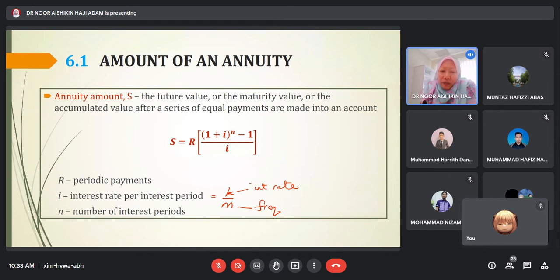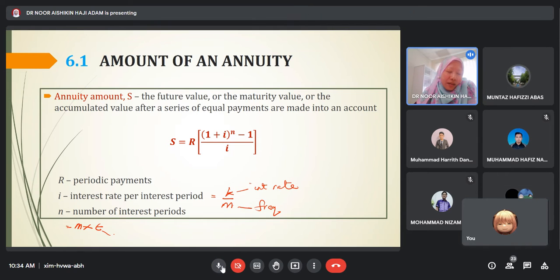N is number of interest periods. Macam hari tu. So how do you get N? What is the formula that gives us N? Yes, M times T. What is T?